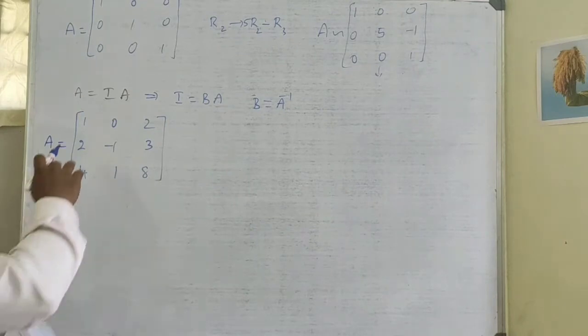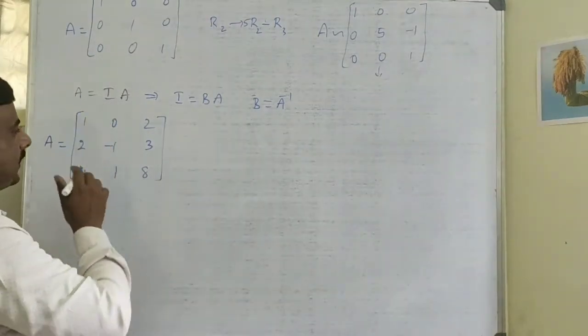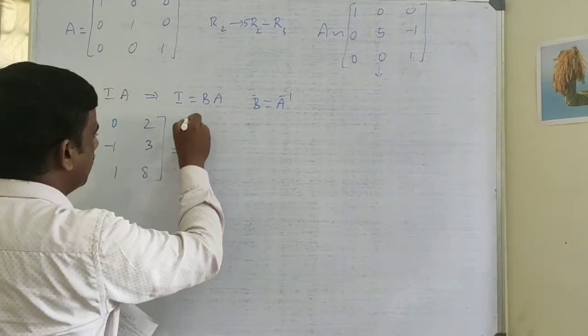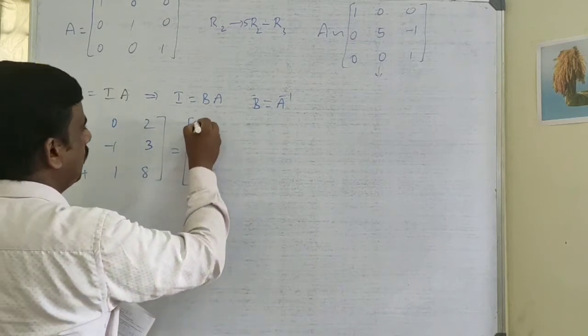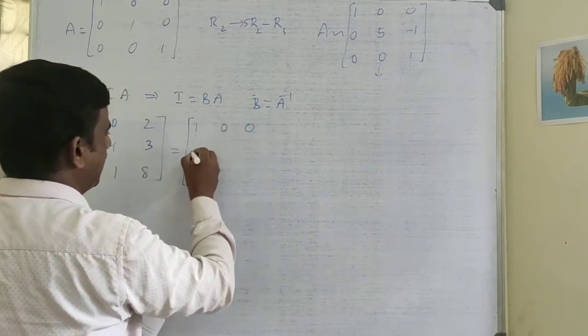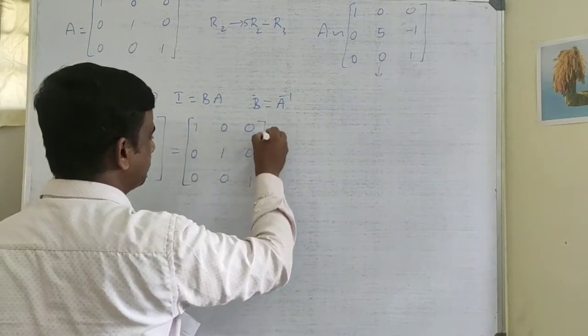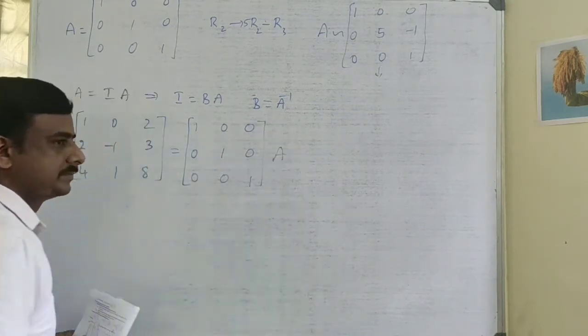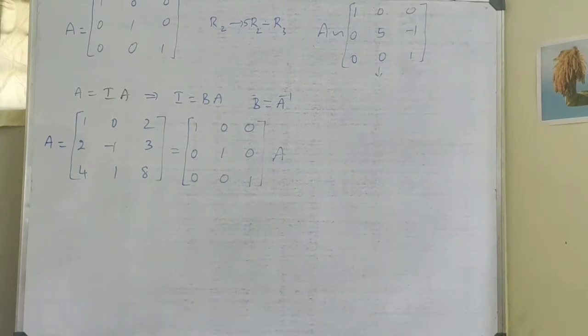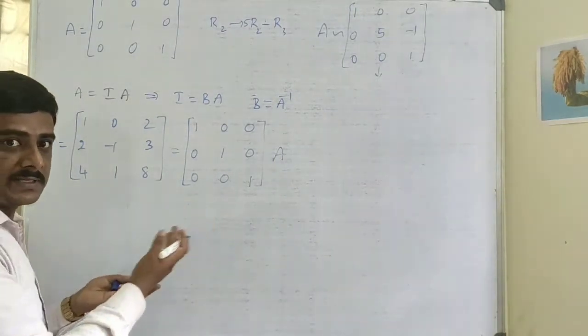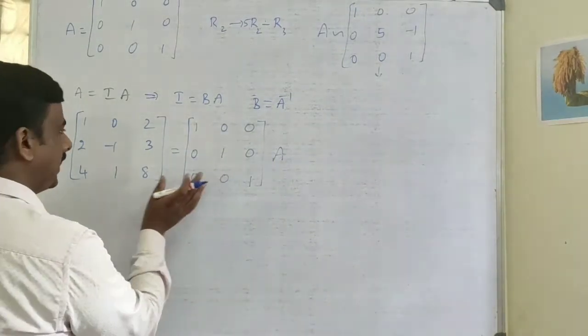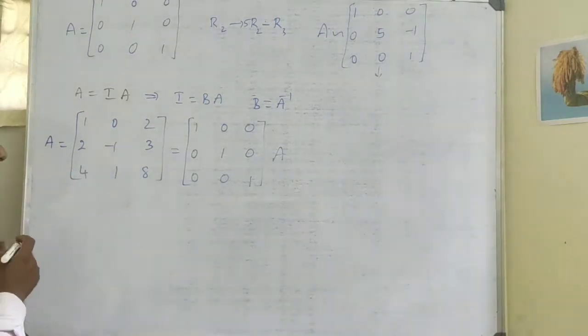So as I said already, I have to write this in the form A equal to I into A, where I is an identity matrix of order same as A, 1 0 0, 0 1 0, 0 0 1. Now I have to apply a series of row operations to reduce this to identity form.